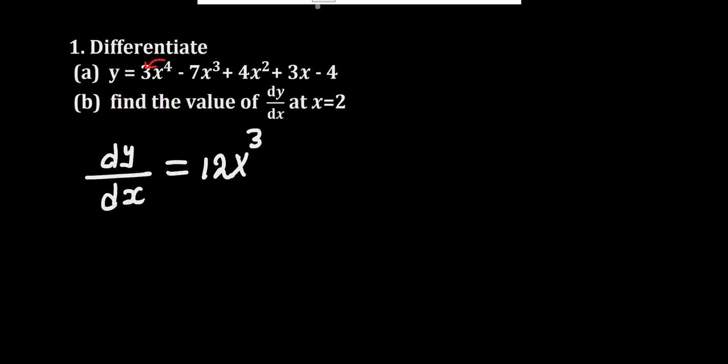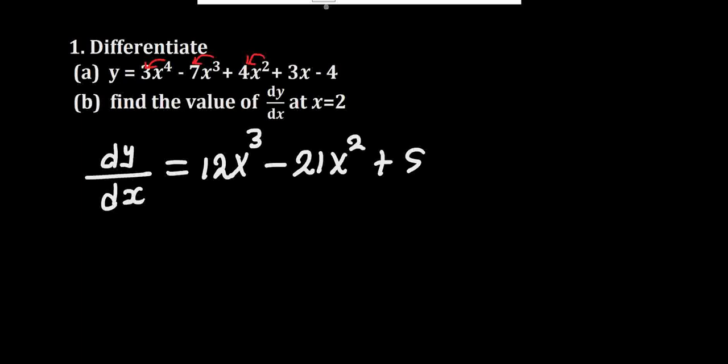So after that, you go to the next term, use this 3 to multiply 7, and that will give you 21. So we have 21. Now reduce 3 by 1, x squared, plus, next you use this 2 to multiply this 4, and that gives you 8.